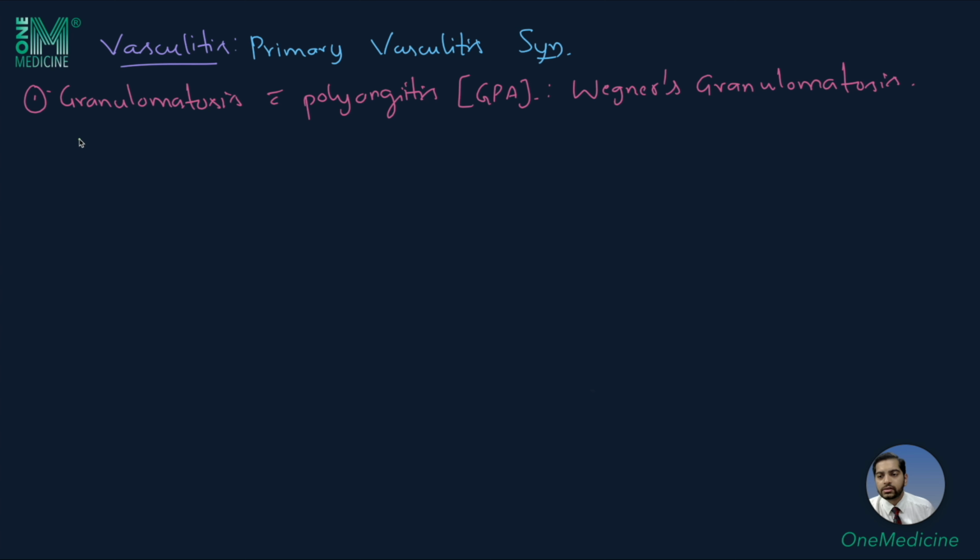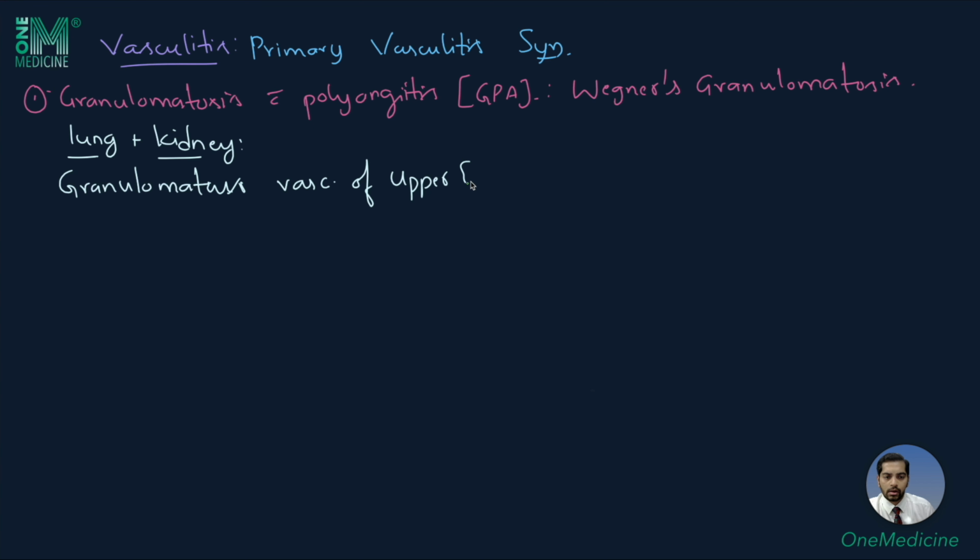This condition is classically characterized by lung and kidney involvement. The lung involvement is in the form of granulomatous vasculitis of upper and lower respiratory tracts. Kidney involvement is in the form of glomerulonephritis.